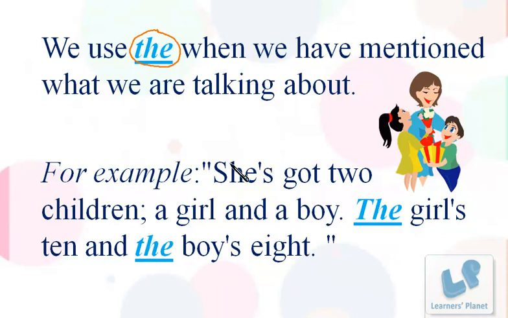So over here we have already mentioned that she has 2 children, a girl and a boy. So we don't need to mention it again, and then we say the girl is 10 years old and the boy is 8 years old. We can directly use the before it as we have already mentioned it.